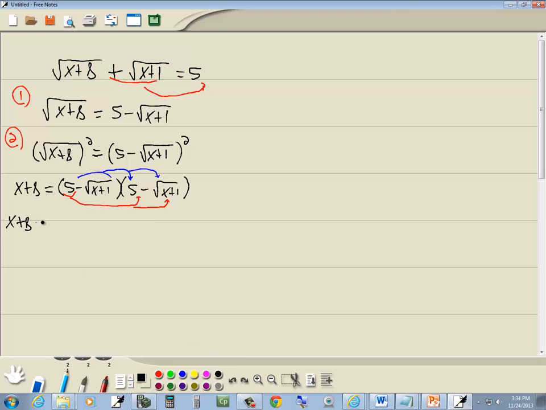So we got x plus 8 is equal to 5 times 5 plus 5 times negative square root of x plus 1 minus square root of x plus 1 times 5 minus square root of x plus 1 times negative square root of x plus 1.